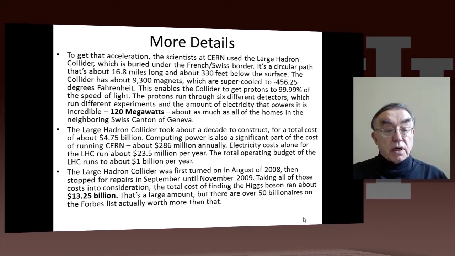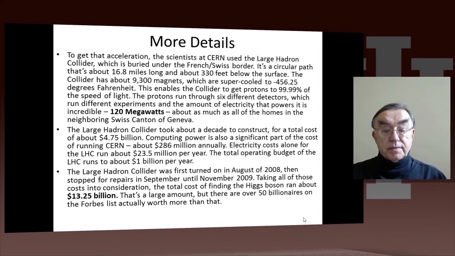So if you look at the cost of running CERN, CERN is the laboratory where the LHC is. It's about just computing power costs 286 million dollars, and electricity for the LHC is 23.5 million per year, and the total operating budget for the LHC is around $1 billion a year.